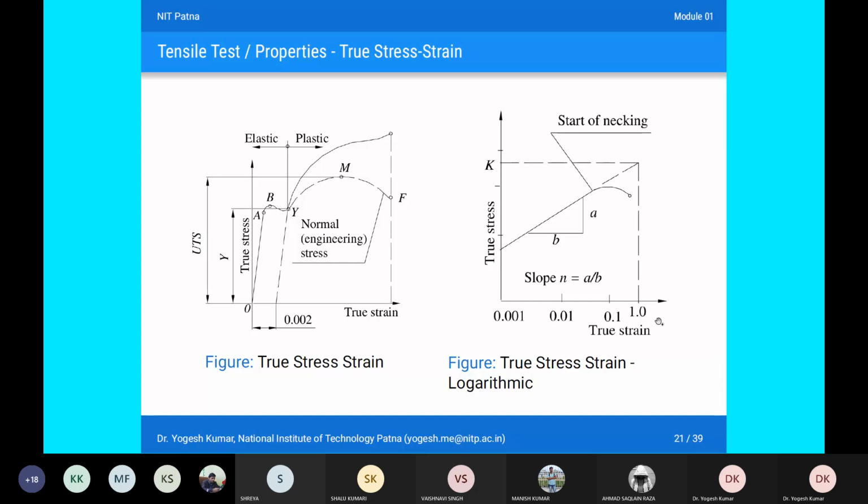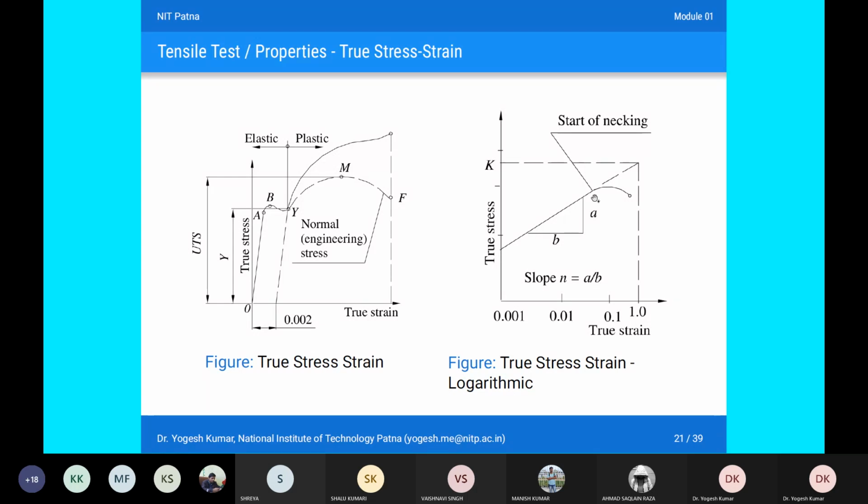If you plot natural log of true stress against natural log of true strain, it comes as a straight line.